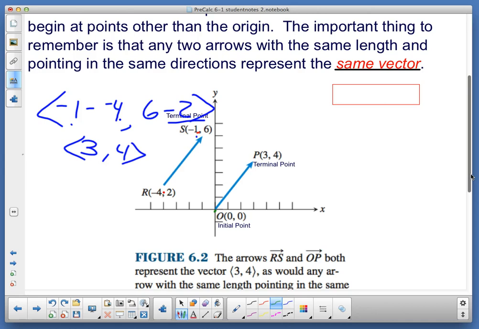Well, if I take this one from 0, 0 and go 3, 4, because 3 minus 0, 4 minus 0 is the same vector, I am able to show that these are the same vectors by applying something called the head minus tail rule. All it is is subtracting the 2 to find that magnitude and direction.